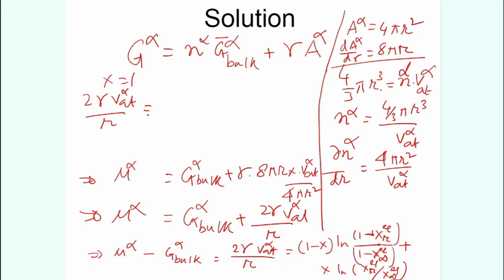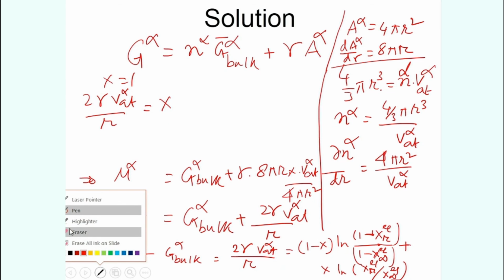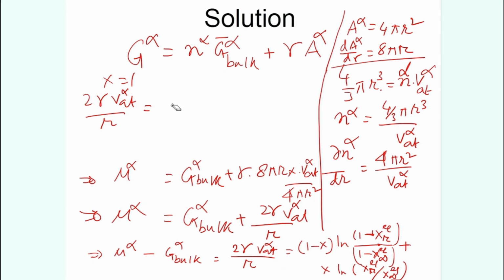This term goes to 0, since x is 1, and that also goes to 1, right, log of x r equilibrium by x infinity equilibrium.